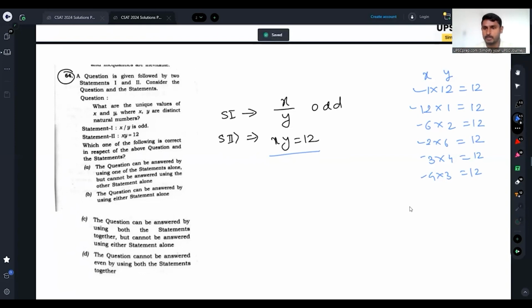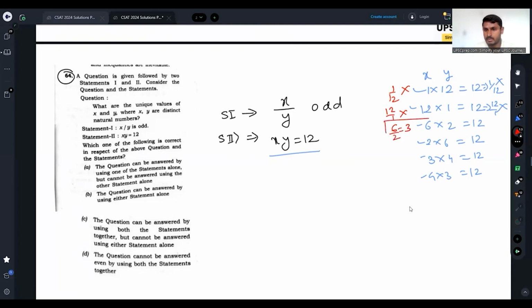So let's come to statement 1. Statement 2 पे let's say यहाँ पे x by y odd आता है क्या? तो 1 by 12, no, 1 by 12 is not odd. Then 12 by 1 is again not odd, it is even हो रहा है, right? तो I'll write it here. 1 by 12 जो है it is not odd. यहाँ पे 12 by 1 again not odd. 6 by 2 again 3, right?